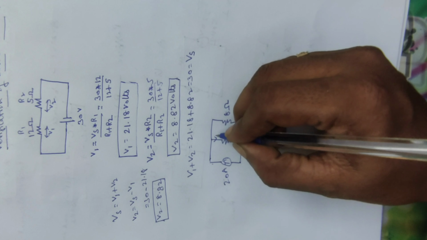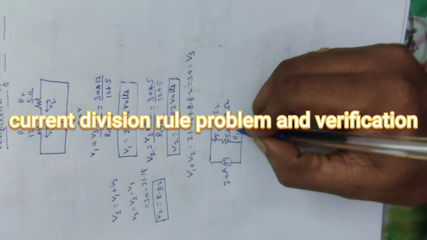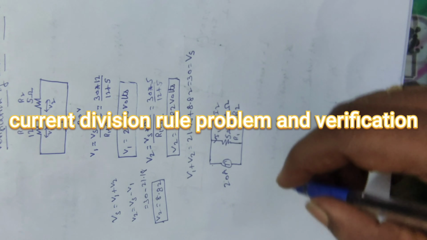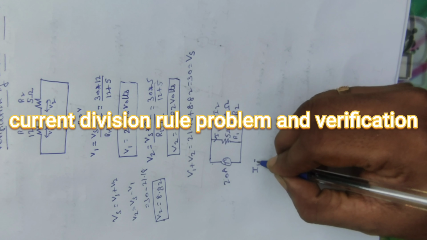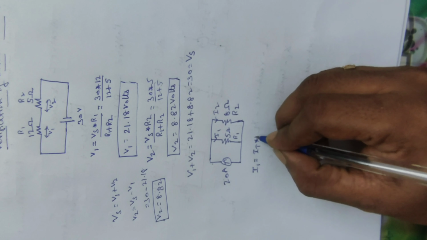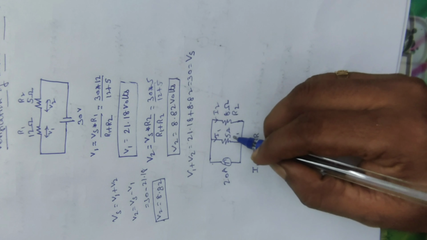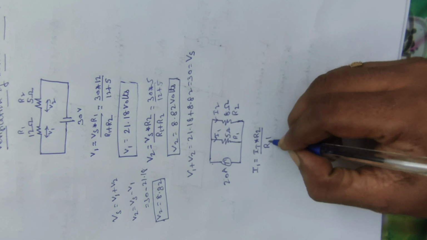According to the formula, I am writing this as I1 and this as I2. This resistance is R1 and this resistance is R2. If I want to determine my I1 value, the formula is I total times the opposite resistance of I1, which is R2, divided by R1 plus R2.